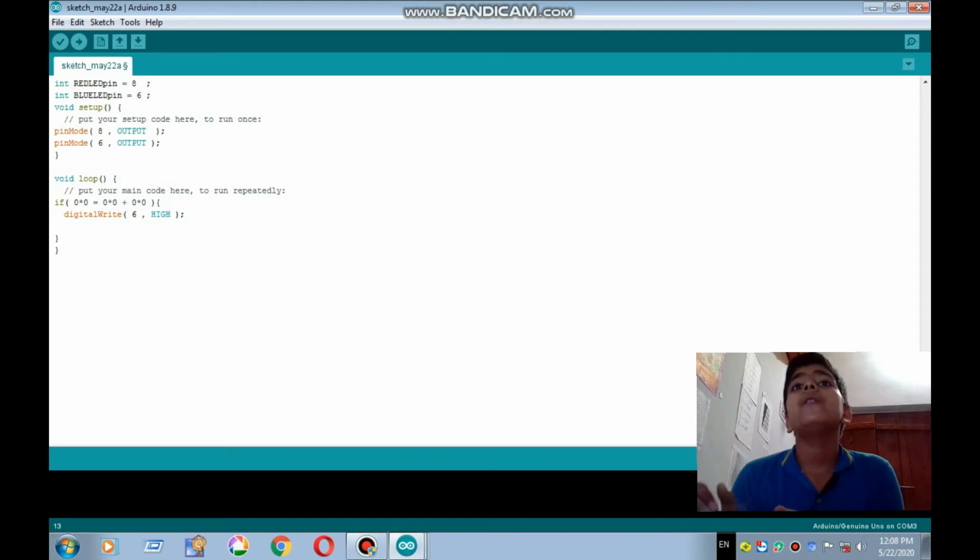It means that if the square of the hypotenuse is equal to the sum of the squares of perpendicular and base, then the blue LED will glow, and if they are not equal, then the red LED will glow.